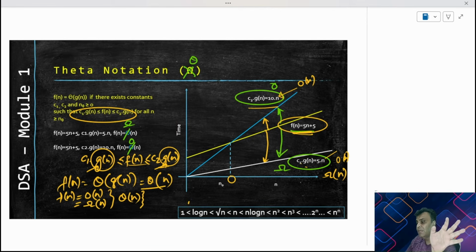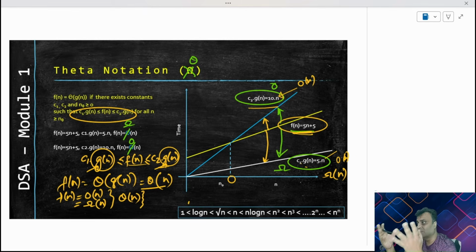So I hope that makes theta understandable. If you just imagine that there will be an upper bound, there will be a lower bound, and theta is basically in between, trying to represent the average case or average bound of the function, then you will understand the essence of theta.